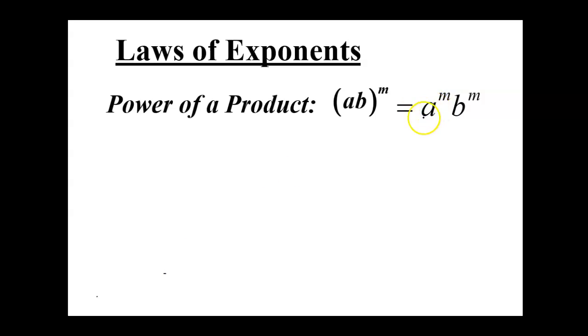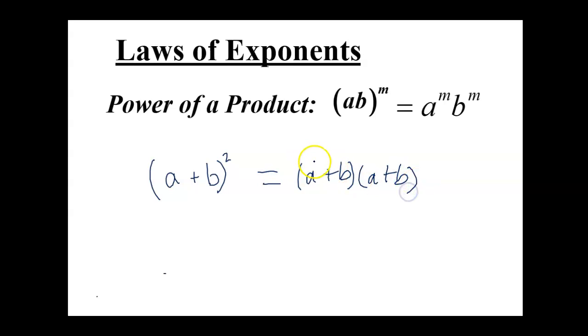It just means everything inside the parentheses needs to be raised to the power of m. One of the biggest mistakes that we had on the test is if I have something like this, notice these are not a product, right? Those are added together. If I have a plus b squared, that equals a plus b times a plus b, which means I have to multiply 4 different things together.